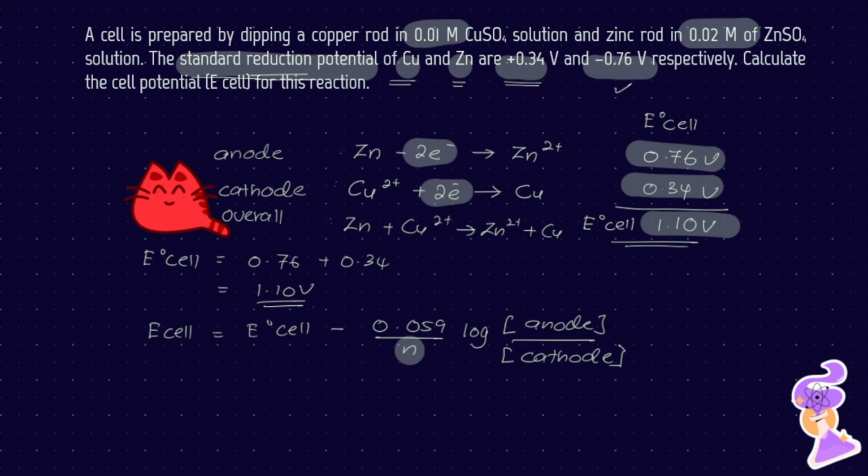So we are just going to plug in these values. Your E cell is 1.10 minus 0.059 divided by 2 because of this, times log of concentration 0.02 divided by concentration 0.01.